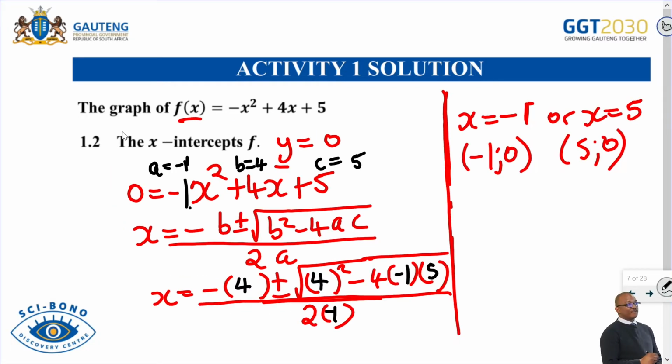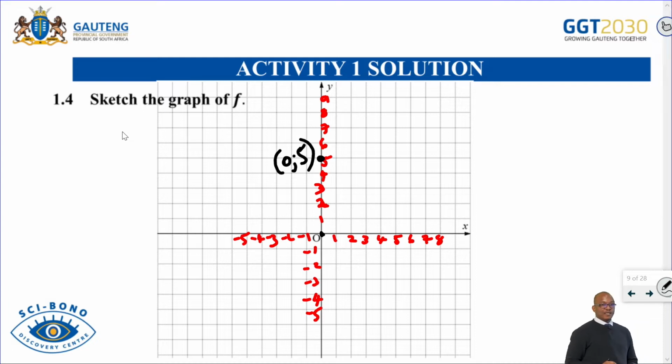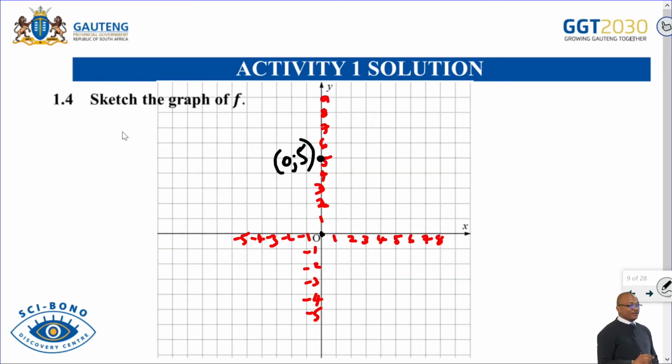Now, remember our y-intercept was (0, 5). So when we go to our function, we're looking at 0 and 5, and we write that point there. That is the first point on our graph. The second is the x-intercepts. Remember, we have negative 1 and positive 5 on the x-axis, so we also put those points there.